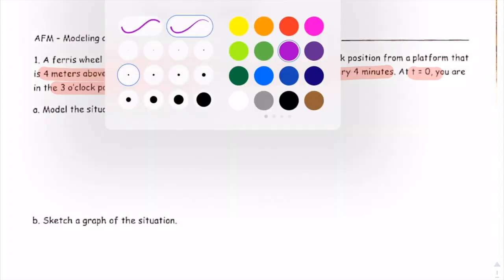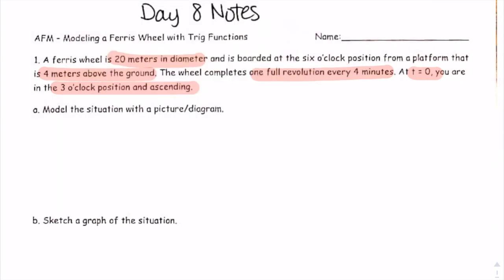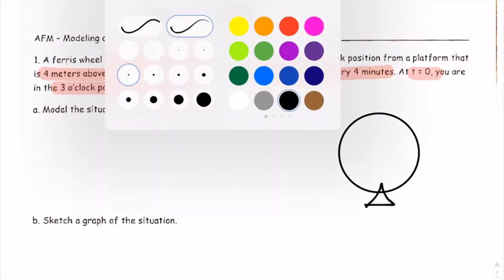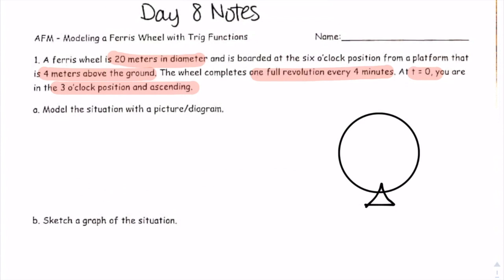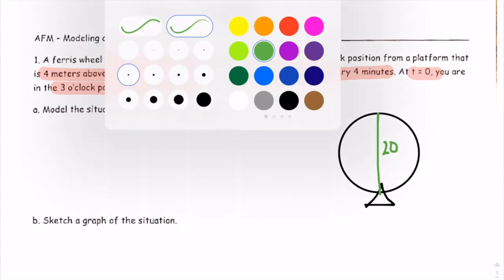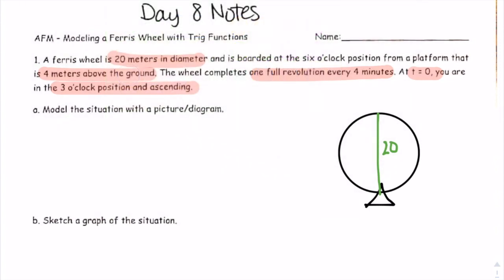So I'm going to start by drawing a picture. And so we have that this is going to be 20 meters in diameter, that we are 4 meters above the ground, and that at time is 0, which should be right here, we're at the 3 o'clock position.